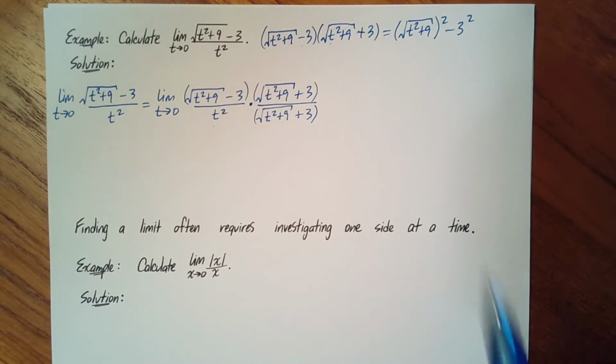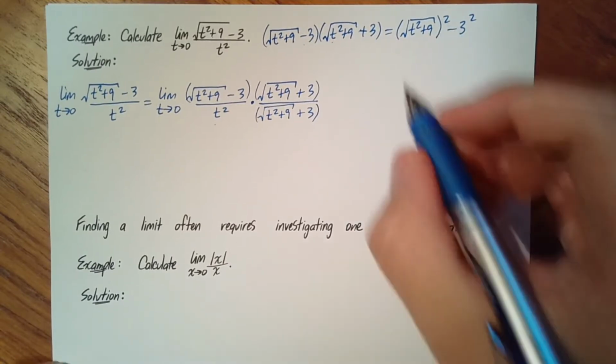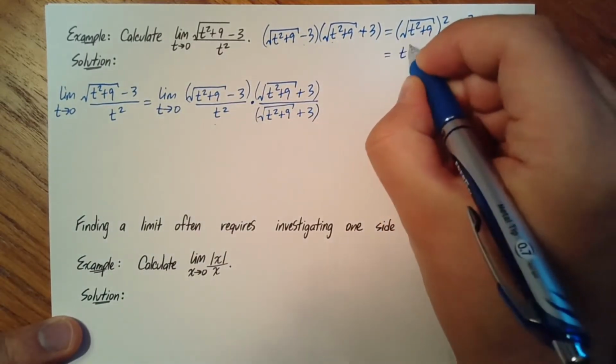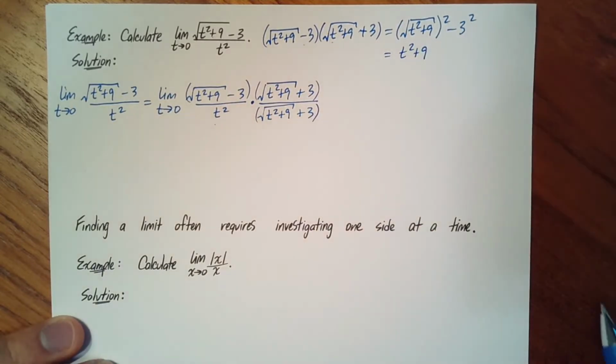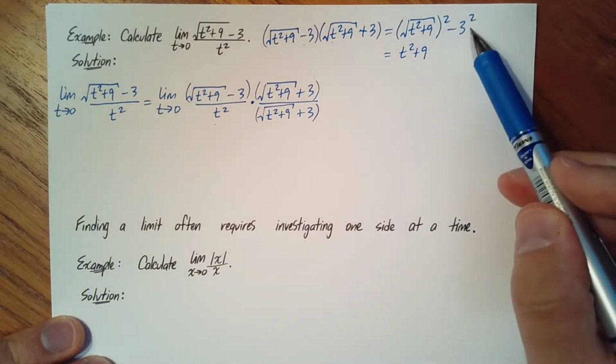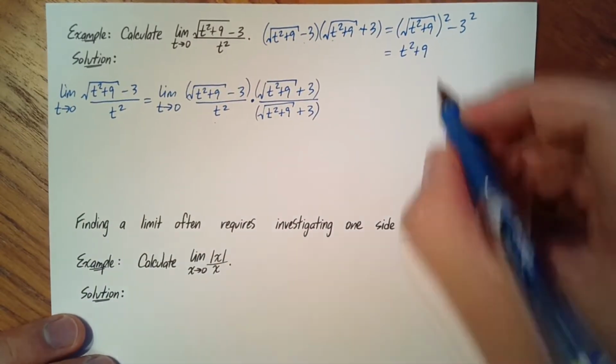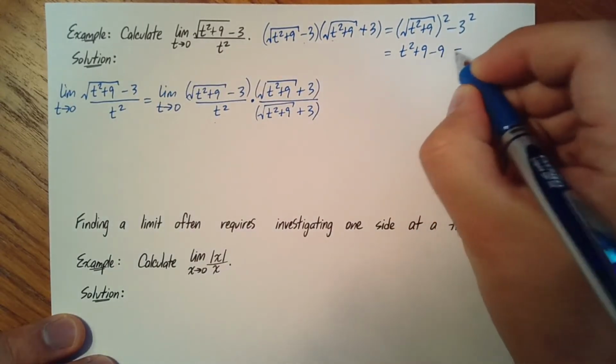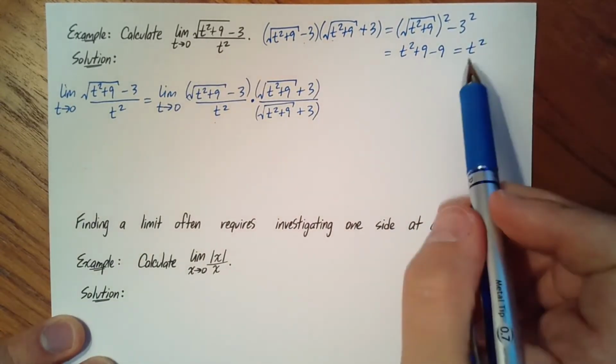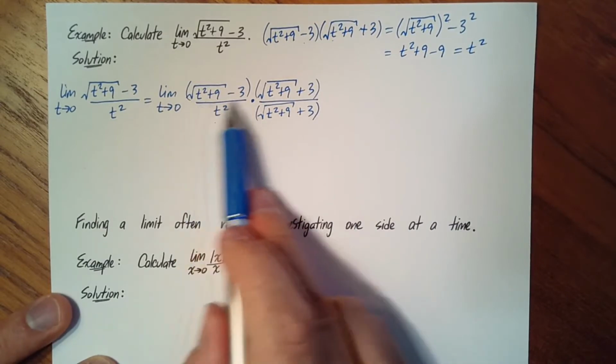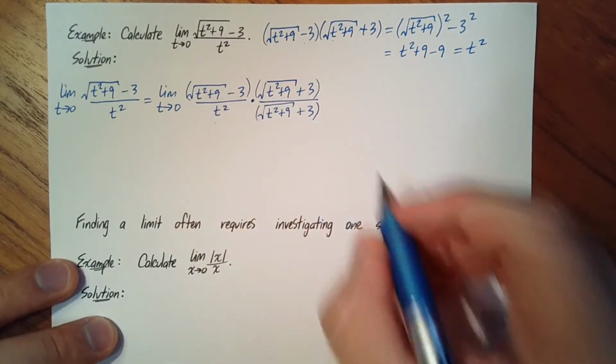And then the squared and the square root cancel. So what you end up with is t squared plus 9 for the first term. But then over here, you're going to subtract 9 because 3 squared is 9. So you have a minus 9 afterwards, and you end up with just t squared. So that's what your numerator is going to be. These two expressions multiply to t squared.